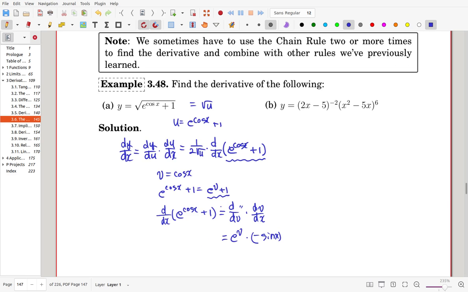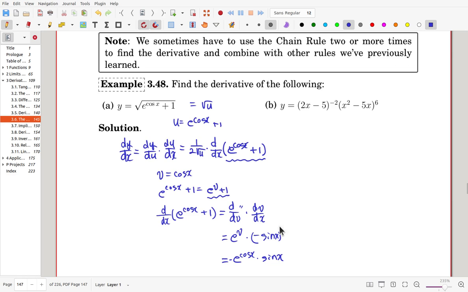So we can reach it here now. That is e to the cosine x, with the negation, times sine x.